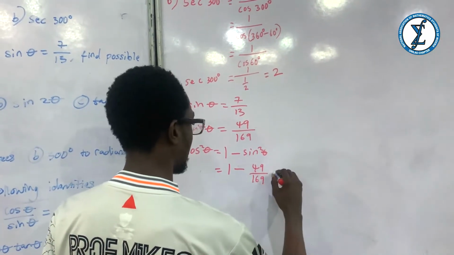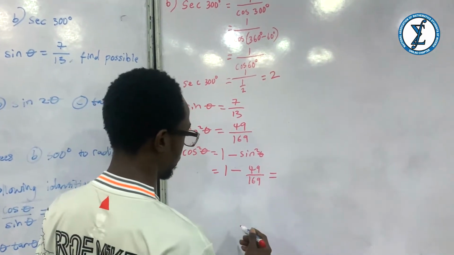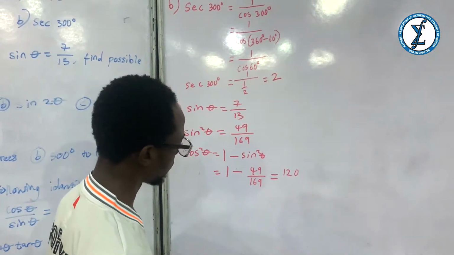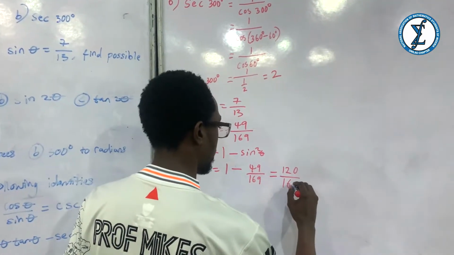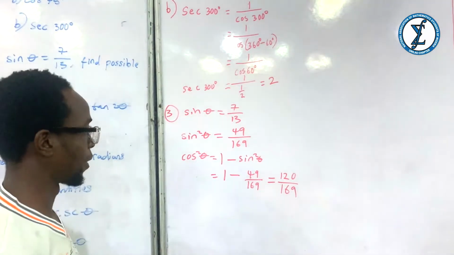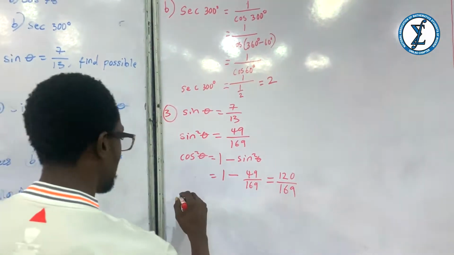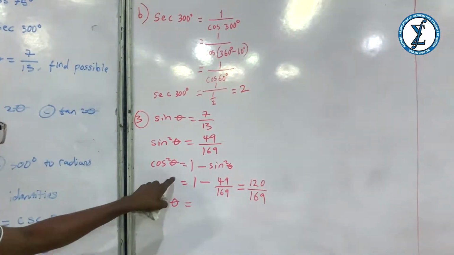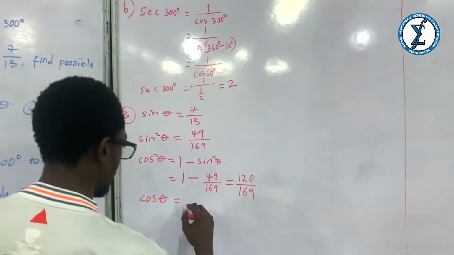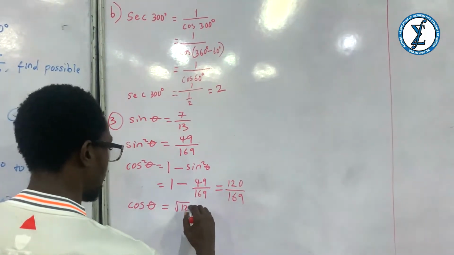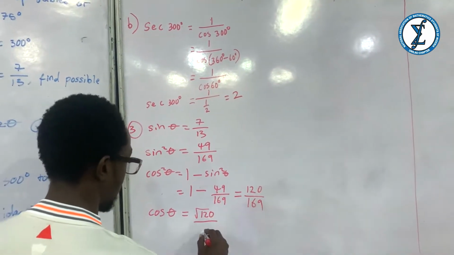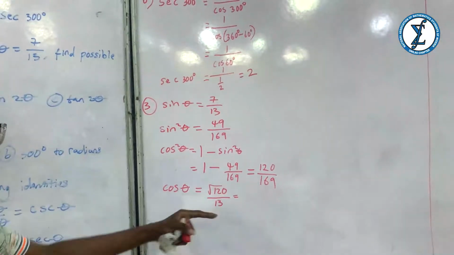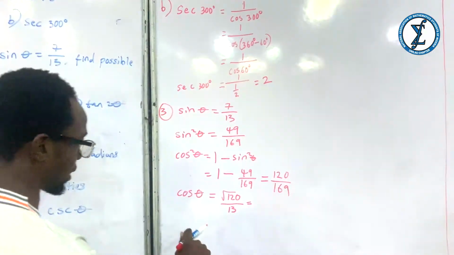And of course, you can tell that this is equal to 120 over 169. And so it means that cos theta, which is the square root of this, is going to be the square root of 120 over the square root of 169, which is 13. We can break this down further, or let's leave it as it is.